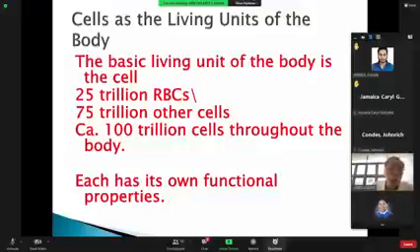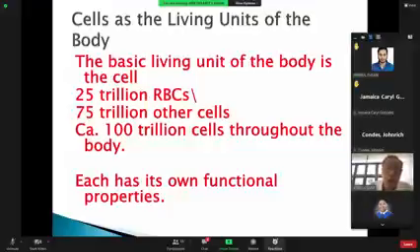Each has its own functional characteristics and properties. So the cells in the brain have different functional properties compared with the cells in the liver, the stomach, the kidney, the heart. Each type of cell in the body has its own functional characteristics.